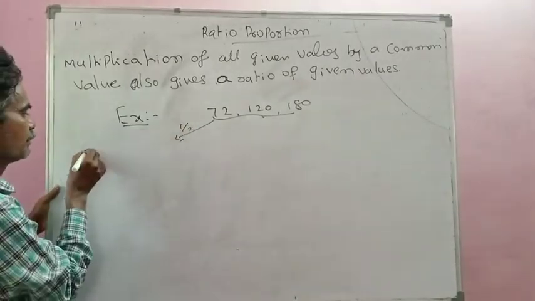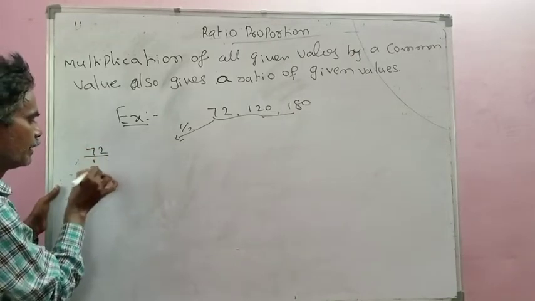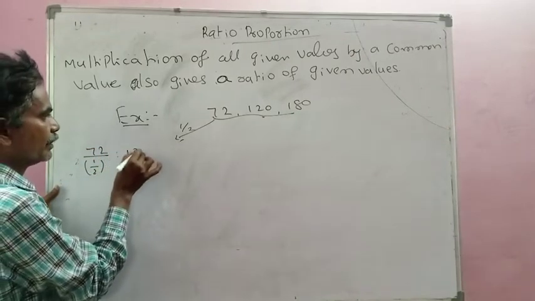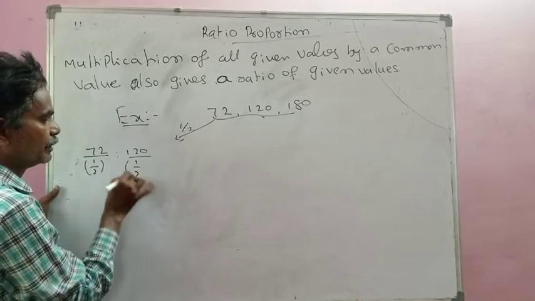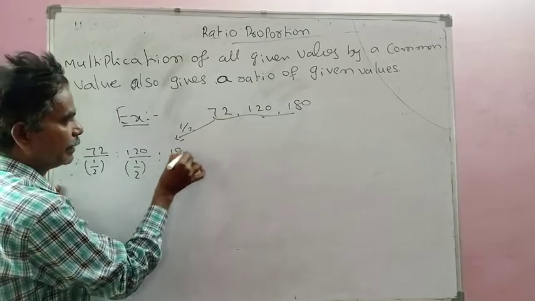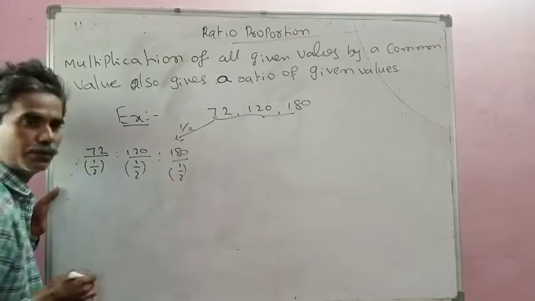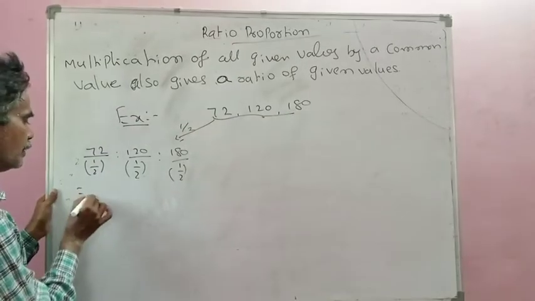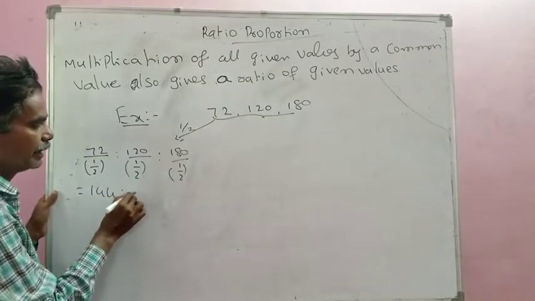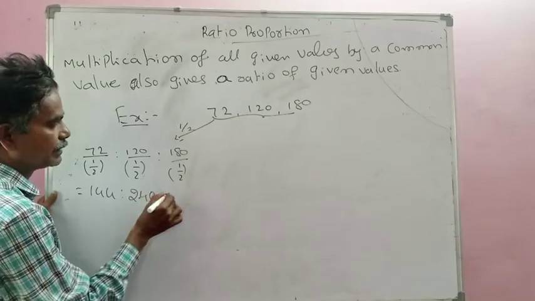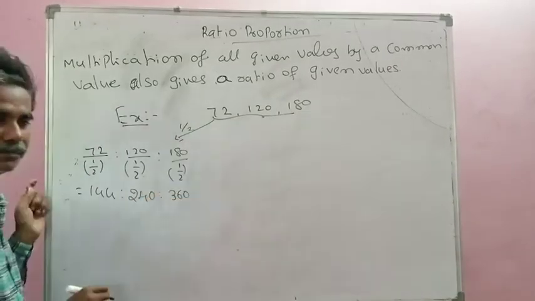That means let us perform 72 by 1/2 is to 120 by 1/2 is to 180 by 1/2, which is equal to 144 is to 240 is to 360.